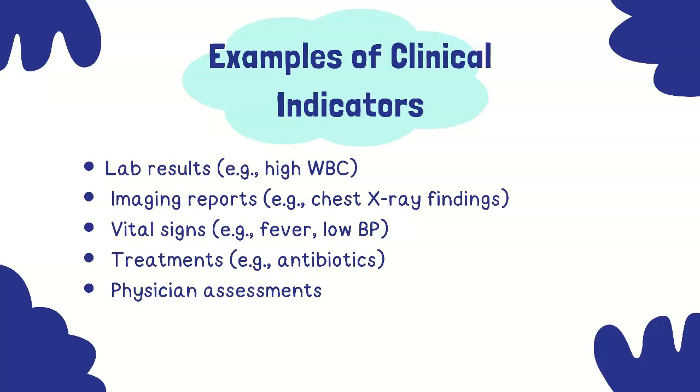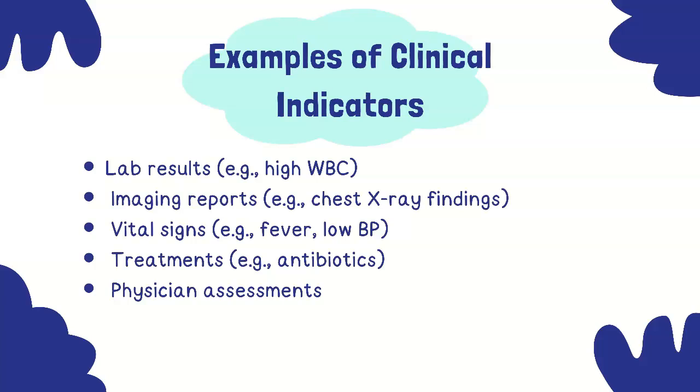So, some common examples of clinical indicators include lab tests, such as an elevated white blood cell count, which can often indicate infection or inflammation. Now, please be aware, you, as the coder, cannot assign a code based on abnormal findings.